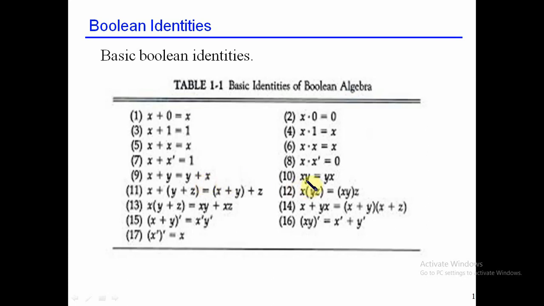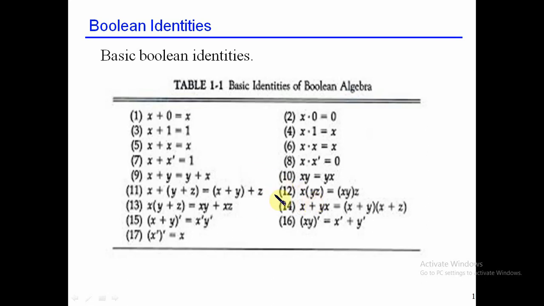Another one, x y equals y x. The eleventh law says x plus, in brackets, y plus z equals x plus y plus z. Here some laws will be going on, and we will see them in detail in the next slide.